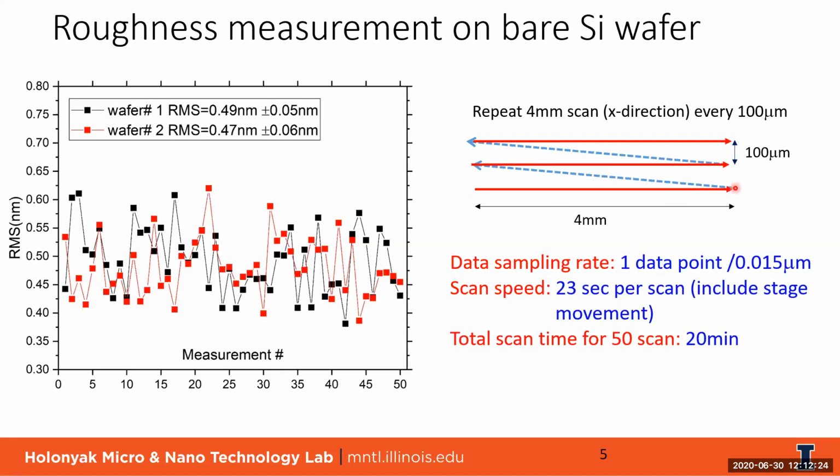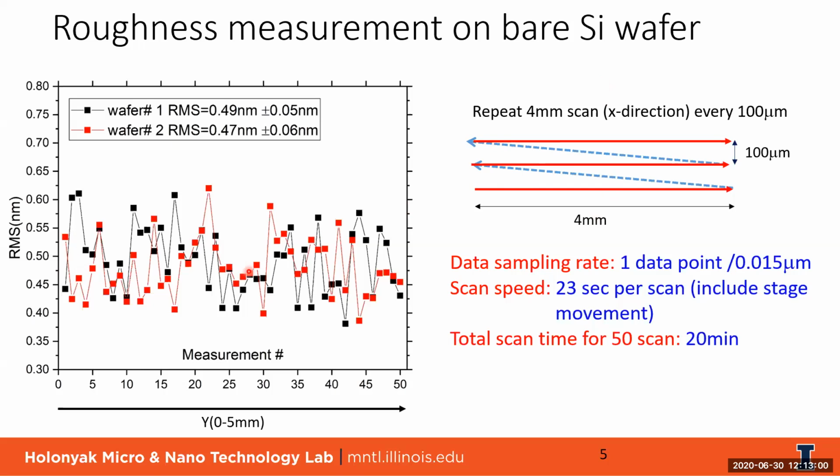Because we repeat the scan every 100 micron in the Y direction, this axis here, in addition to representing the measurement number, also represents the Y direction. So at each Y position, we have one RMS value. What I try to see is how uniform it is as we move in the Y direction, and it looks pretty uniform, at least within about 10% standard deviation.